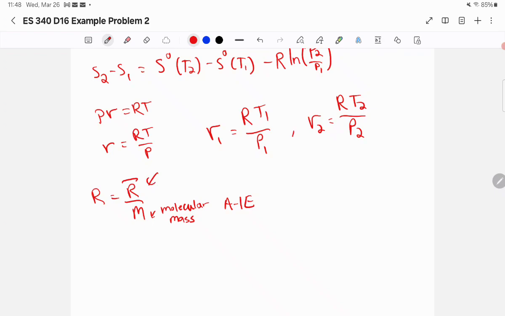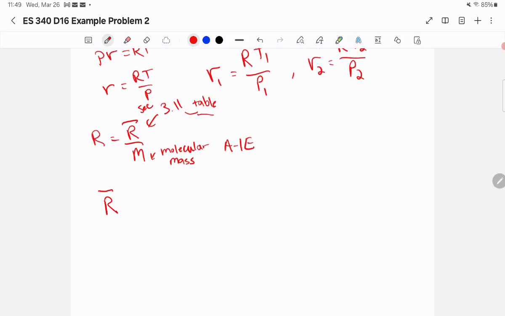This R bar value, we can read it from section 3.11 in the book. I think it's table A1 if I remember correctly. I don't remember the name of the table, but it's in section 3.11. You can find R bar.